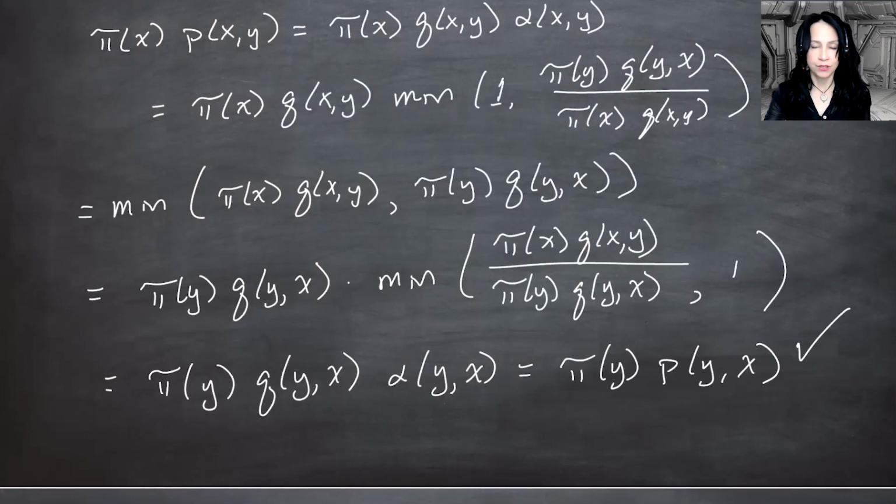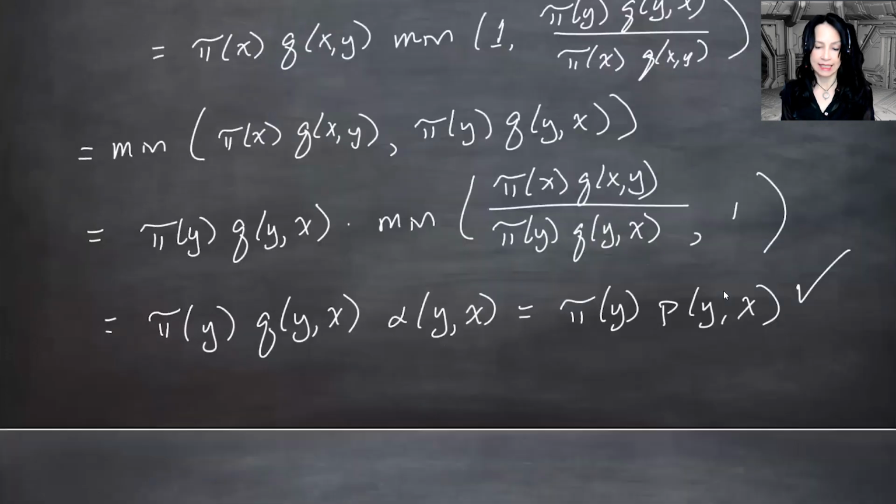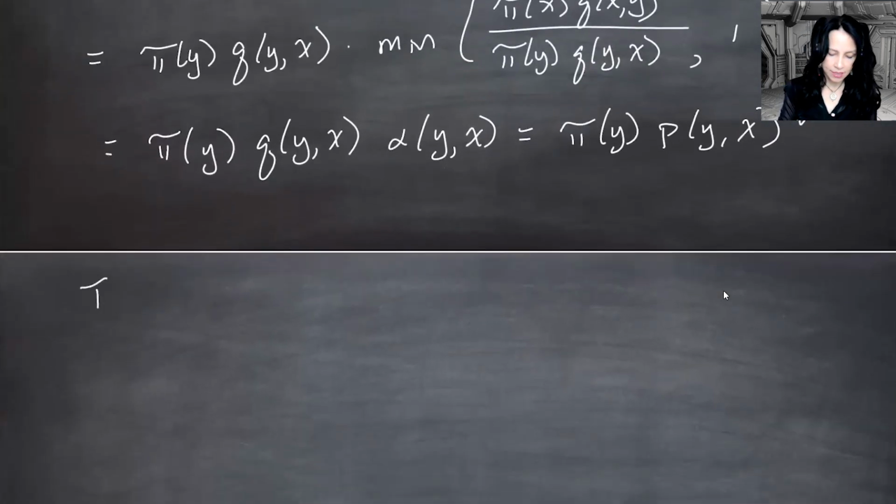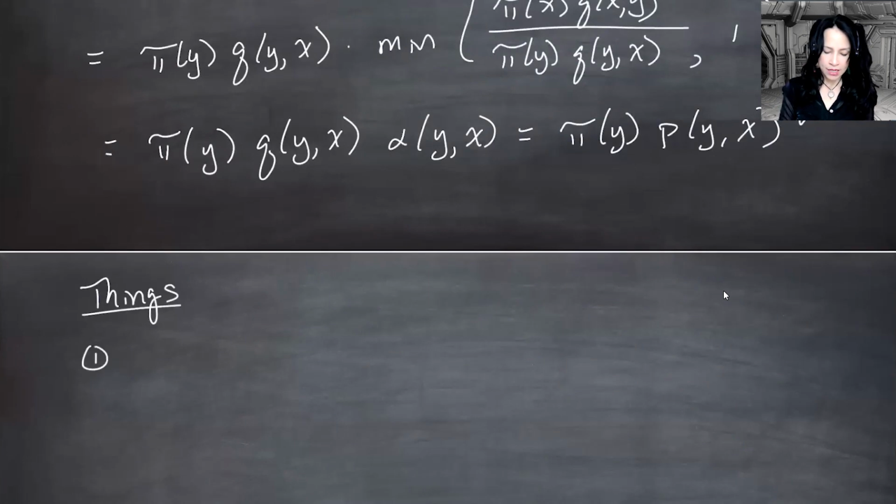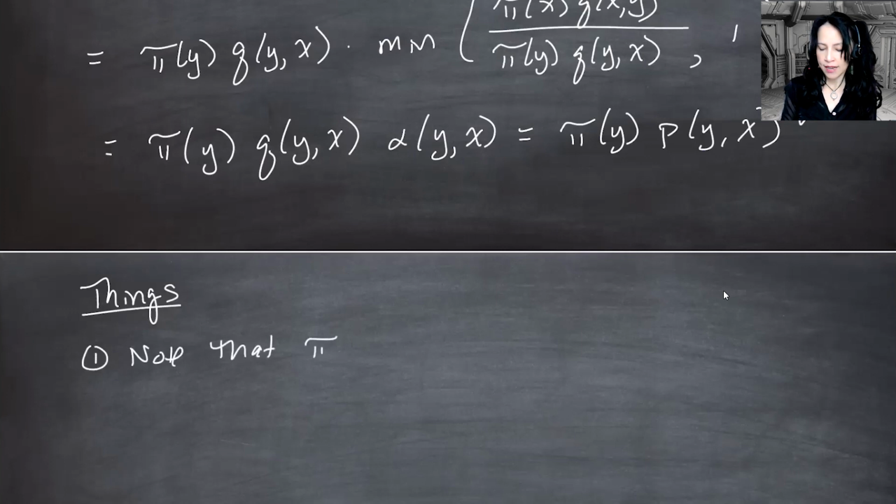Actually, I have a simulation to show you, but I want to say a couple of things first. Three things, to be exact. One is to note that pi of x only appears in this algorithm through a ratio.